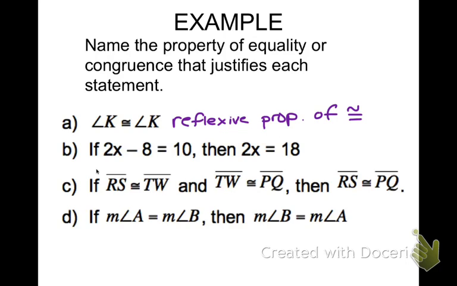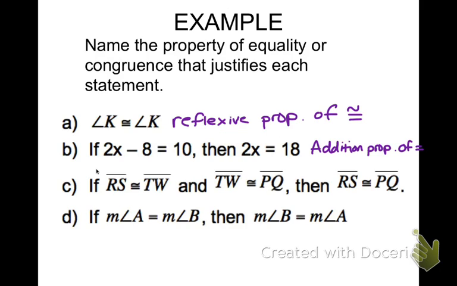Part B, what's happening from my hypothesis to my conclusion? They added 8 to both sides. So that is the addition property of equality. All right, let's look at C. If line segment RS is congruent to line segment TW, and TW is congruent to PQ, then RS must be congruent to PQ.